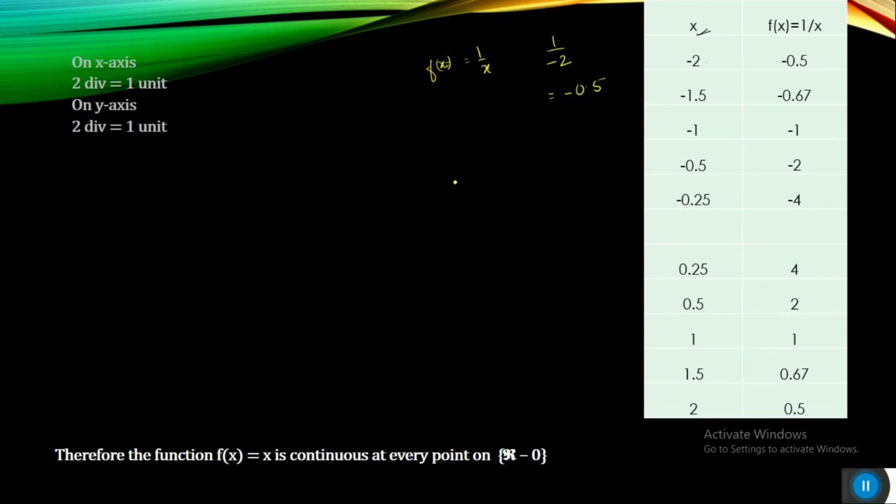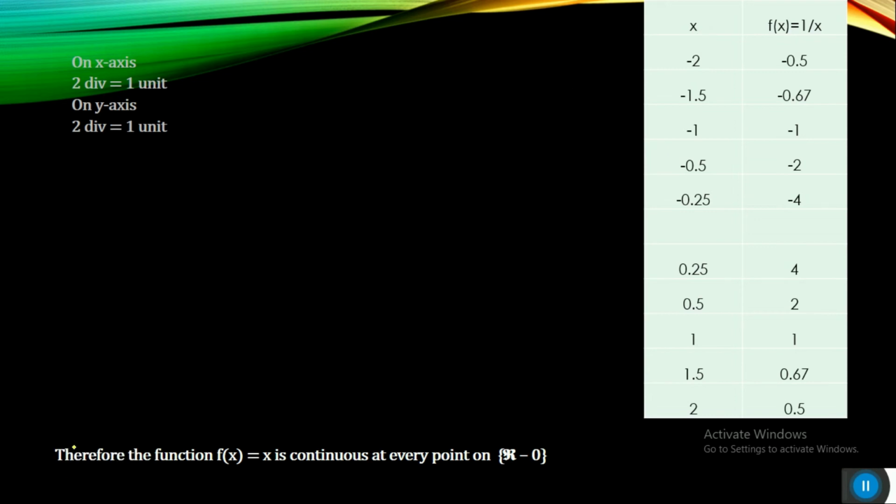Similarly, if you put -1.5, it will be 1 by -1.5, so it will be 2 by 3, which is 0.666, minus of 0.666, so you can write it as -0.67. So you can see those values are there.